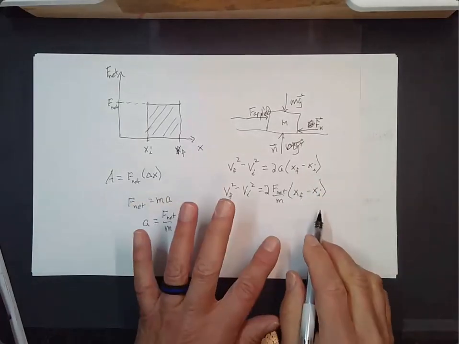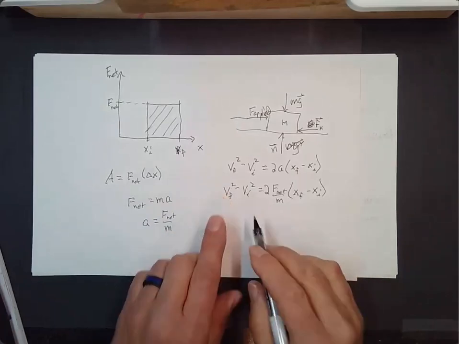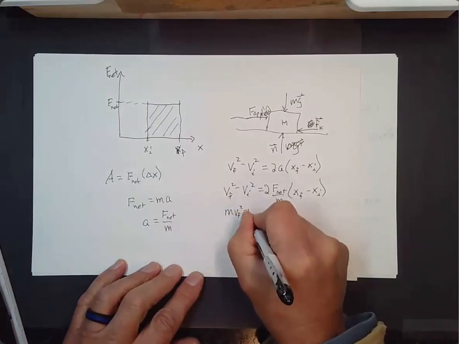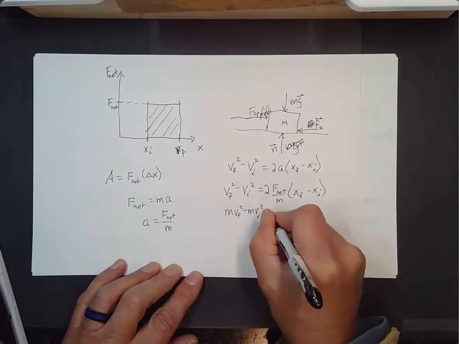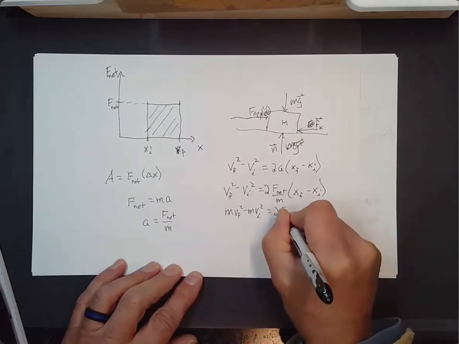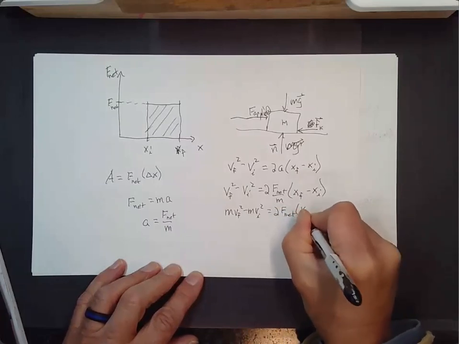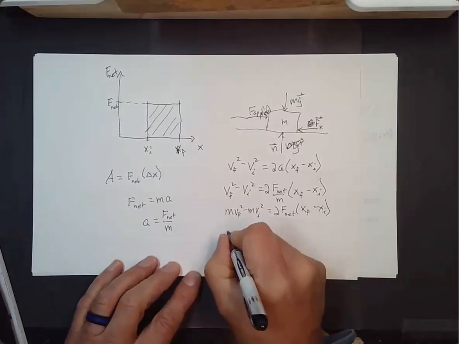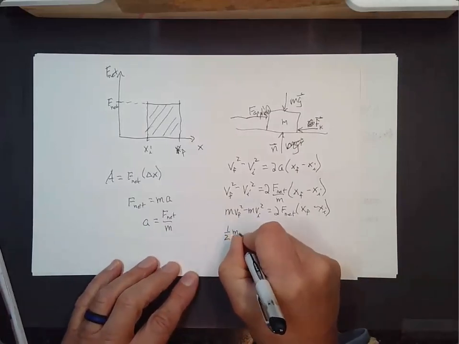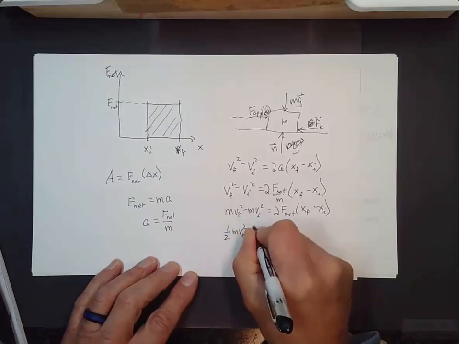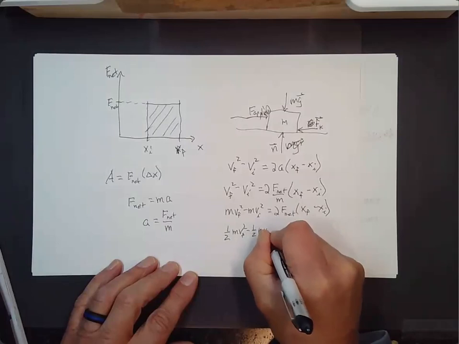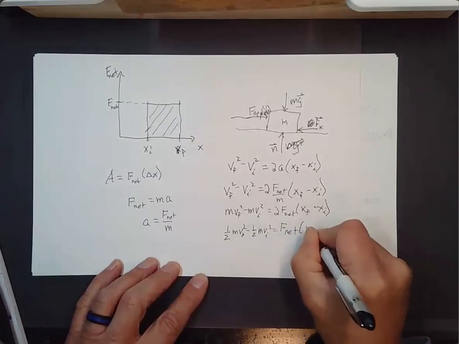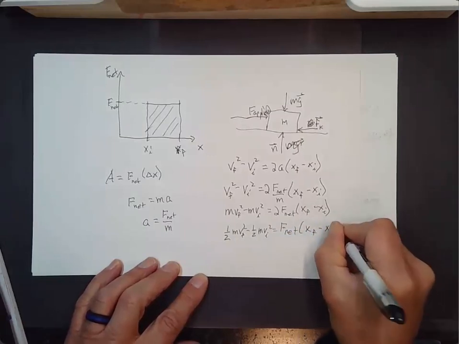Okay, I'm going to monkey around a little bit, multiply both sides by m, and I'd get m v final squared minus m v initial squared equals 2 F net times x final minus x initial. And then I'll multiply both sides by 1/2, and I'll get 1/2 m v final squared minus 1/2 m v initial squared equals F net times x final minus x initial.